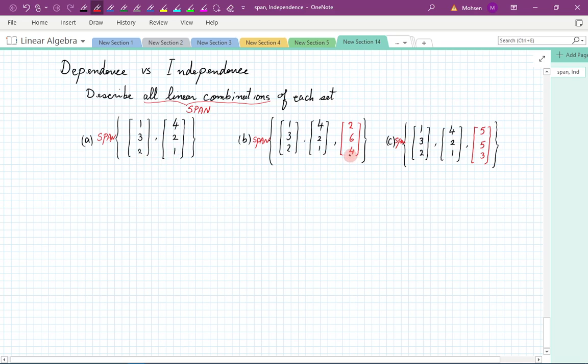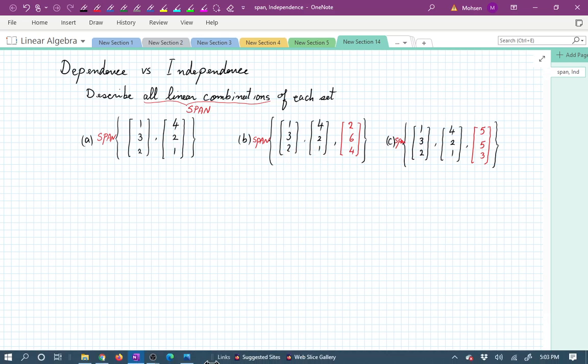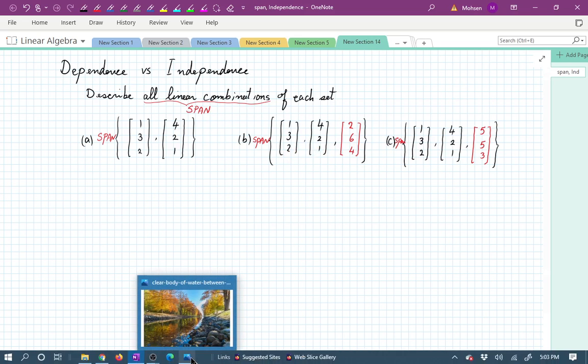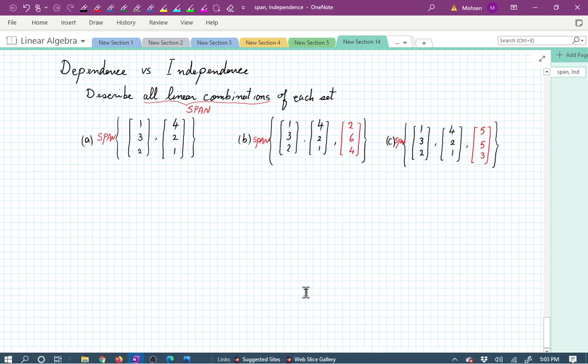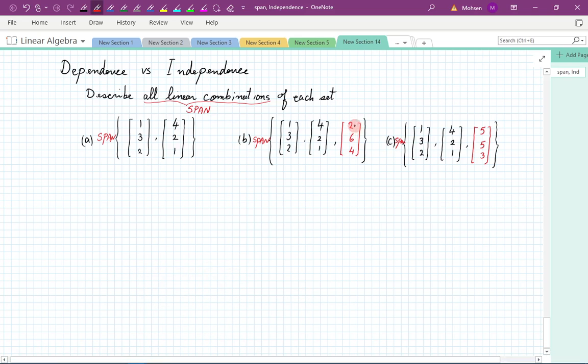What's the connection of this red one to the two vectors that were there to begin with? You want to pause this for a second and discover this by yourself. That's the clue of this problem. Do you see the connection? Well, of course, the connection is that this is just the double of that.